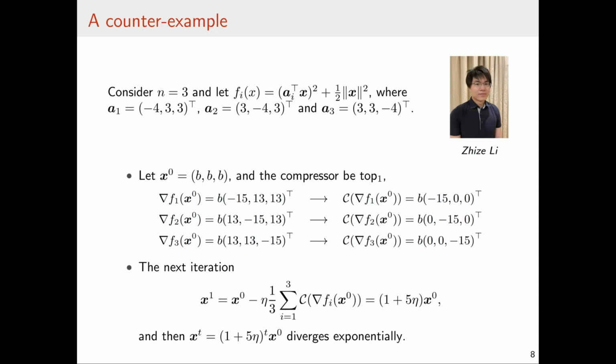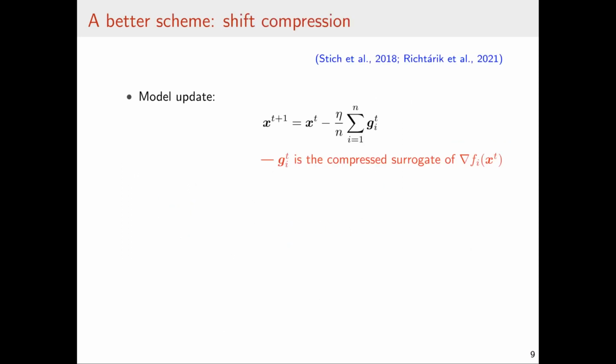So the question is, if direct compression doesn't work, what should we compress, and how should we design the algorithm? A better scheme proposed in the literature is the so-called shift compression approach.